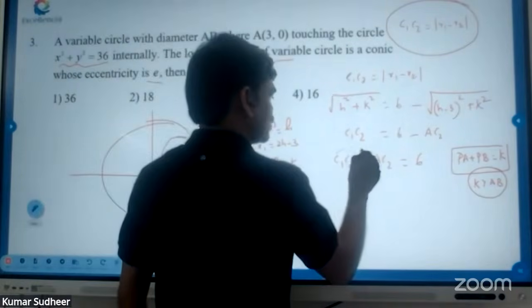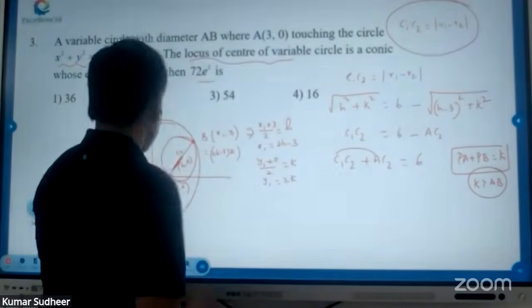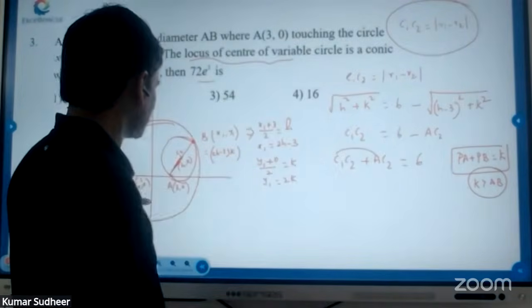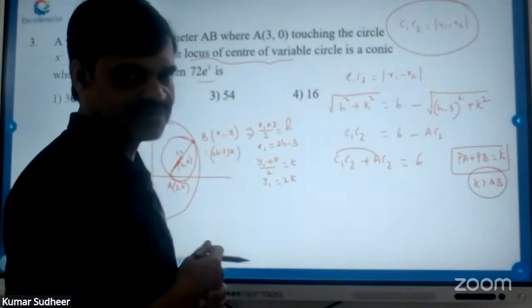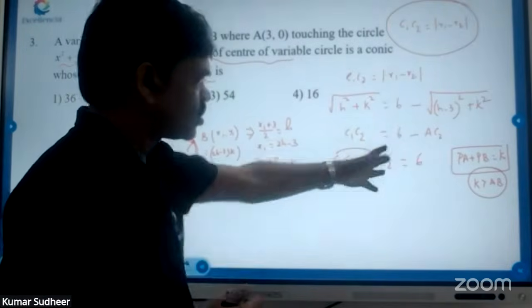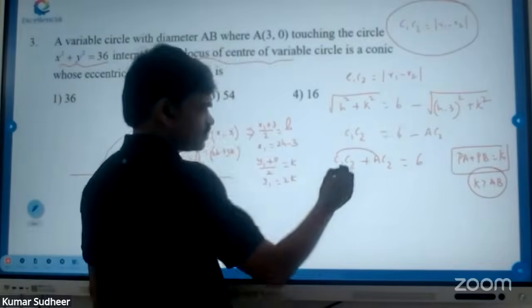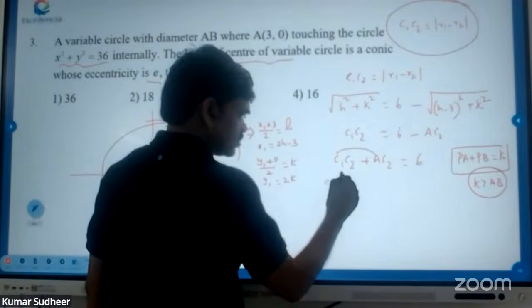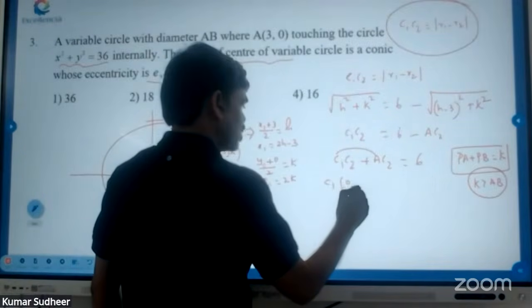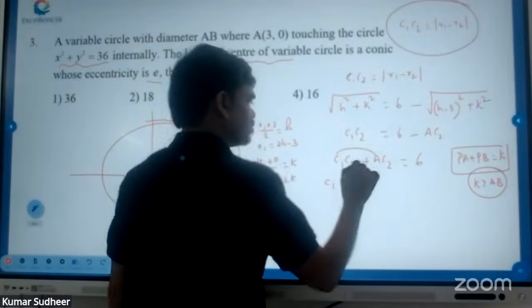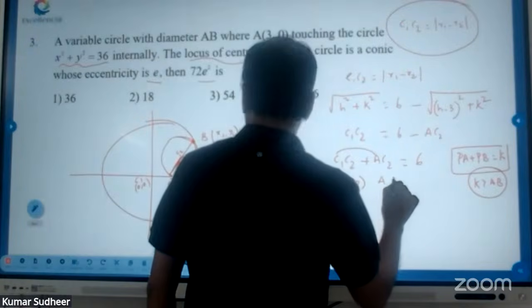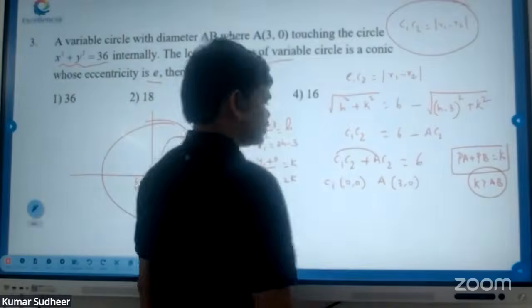So look at this, it is like this. C1 is (0, 0), that is one focus. Another focus is A, that is (3, 0).